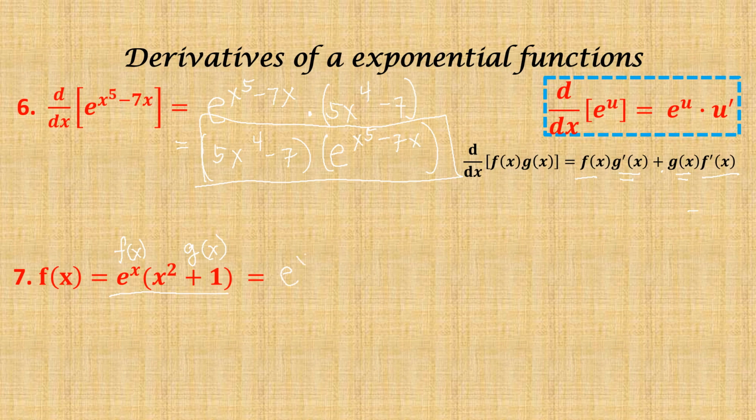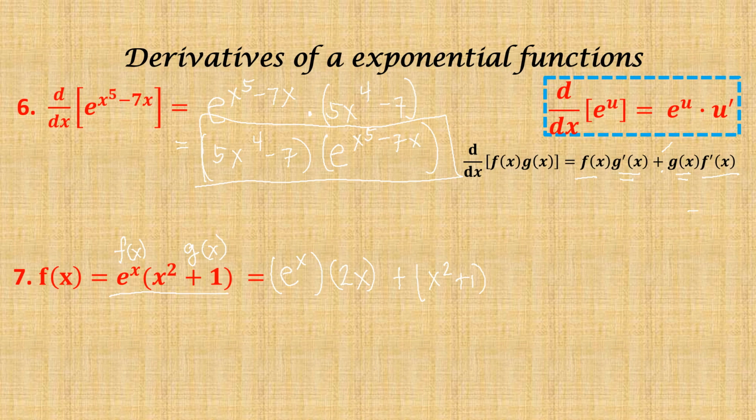So we will copy e to the power of x times the derivative of the second. The derivative of x squared plus 1 is 2x. Then plus the g of x, which refers to the second function, so our second function is x squared plus 1 times the derivative of our first.